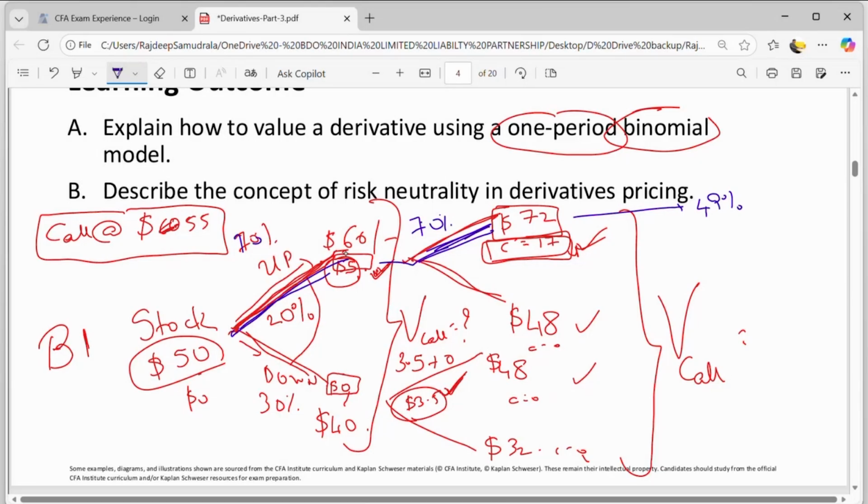Same here, 70 into 30, the answer will be 21%. 30 into 70, answer is 21%. And 30 into 30 is 9%. You'll notice the total of this also comes to 100%. 49, 21, 21, and 9. This answer is 100%. Clear?